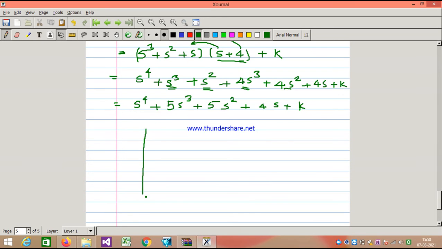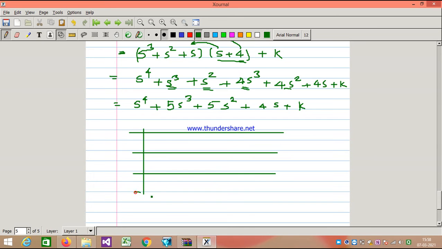Now let's put this into the RH table. The highest power is s raised to 4, so we take s raised to 4, then s raised to 3, then s raised to 2, then s raised to 1, and again one more, s raised to 0.